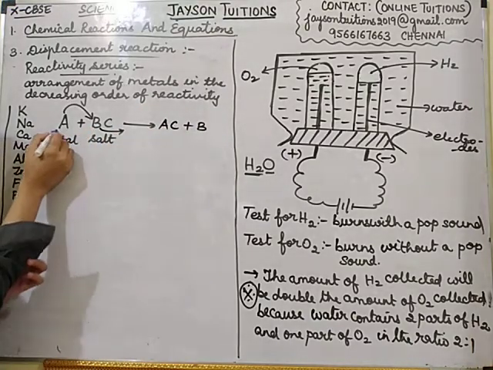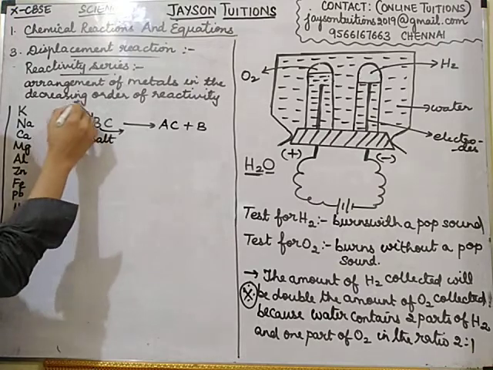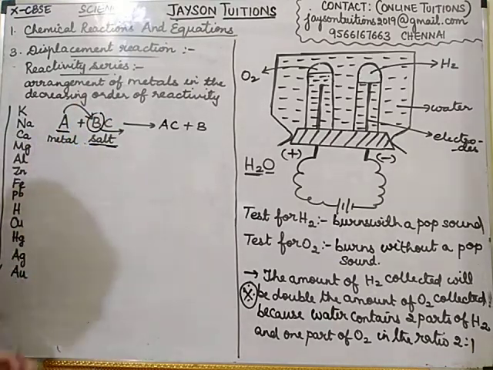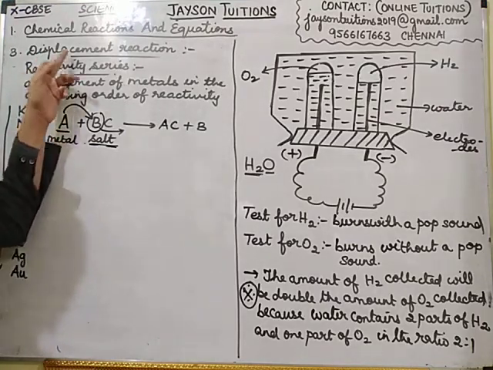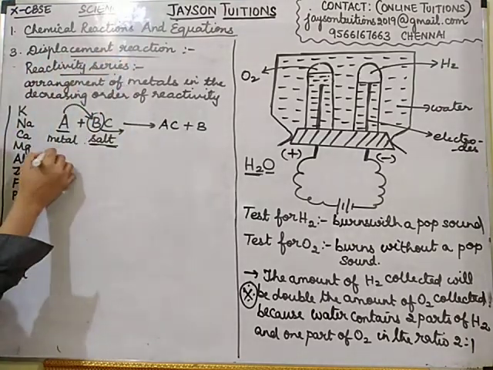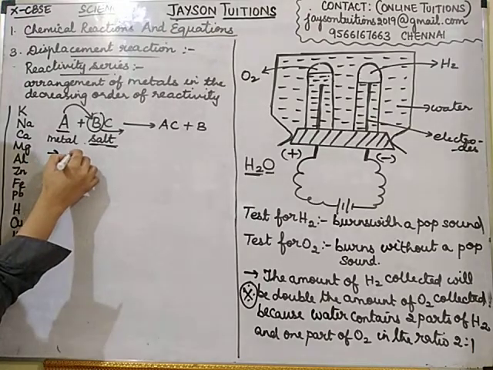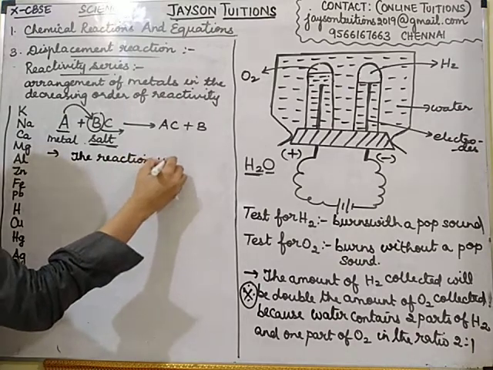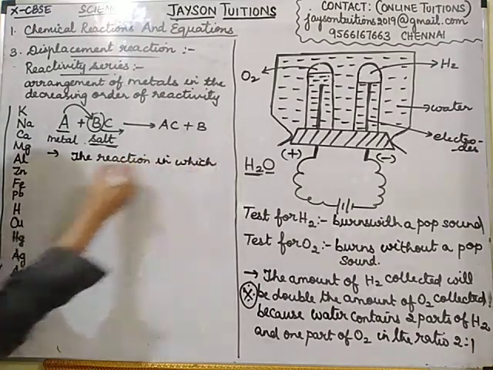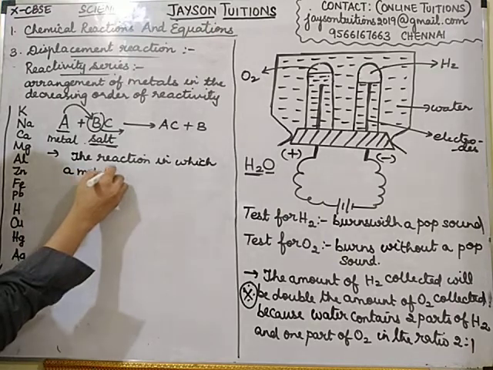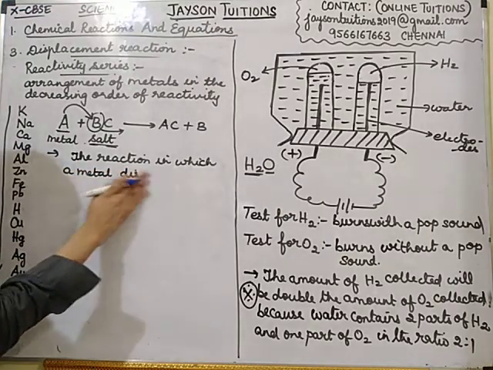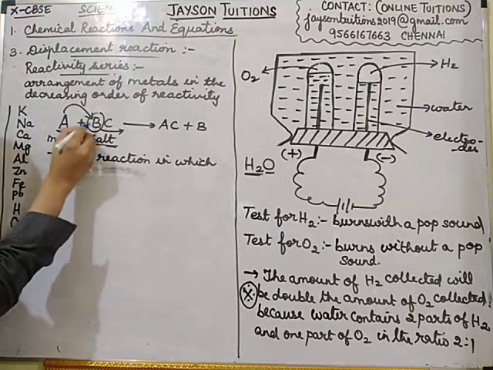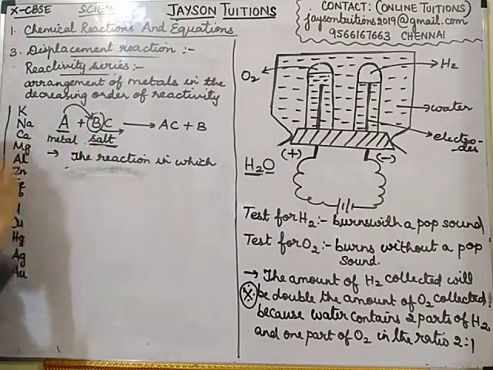So one metal will be displacing another metal from its salt solution. That is called a displacement reaction. So what is a displacement reaction? The reaction in which a metal displaces another. The metal which is displacing should be more reactive than the other metal.